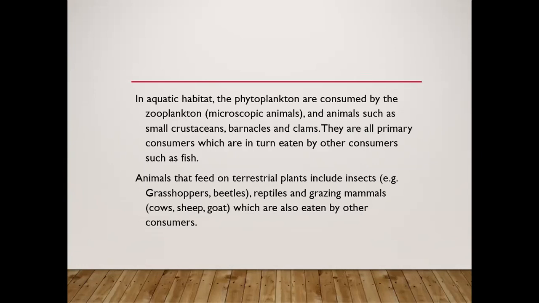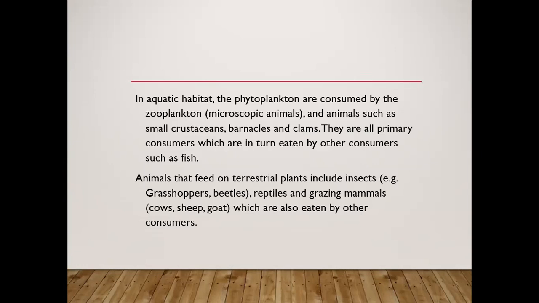Then there will be higher animals in the water that will feed on them. Small animals such as small crustaceans, barnacles, and clams will feed upon phytoplankton. They are all primary consumers, but later they will all be taken by other larger consumers, such as fish. That is how it goes.